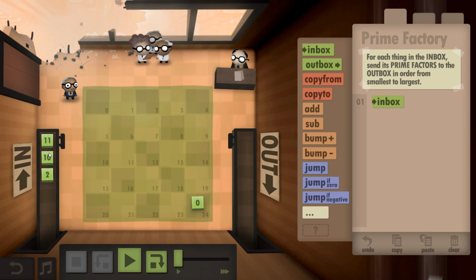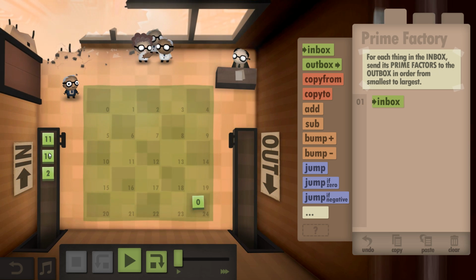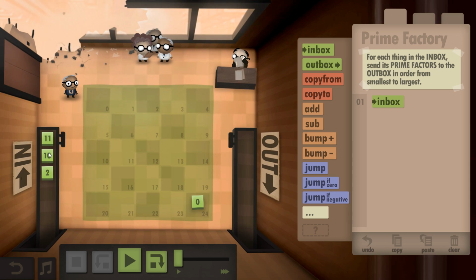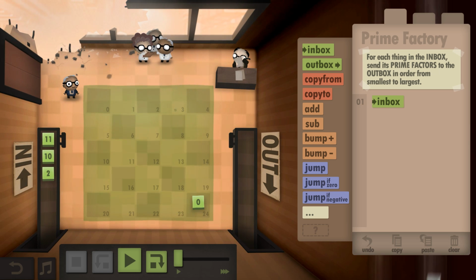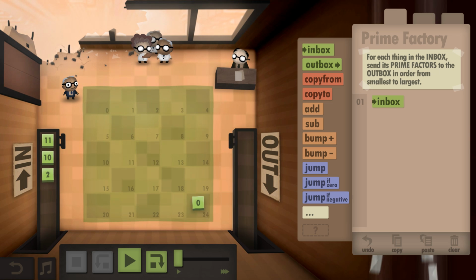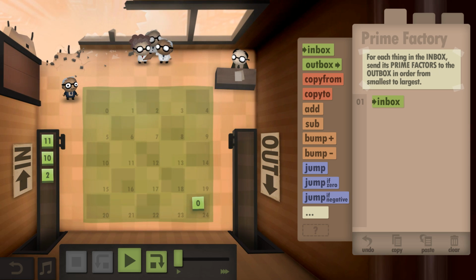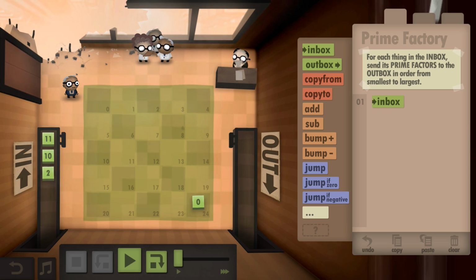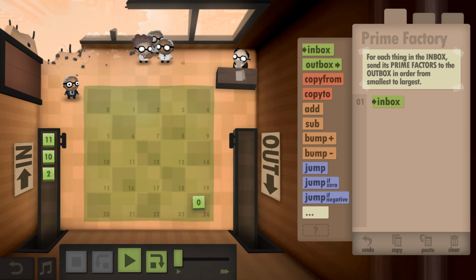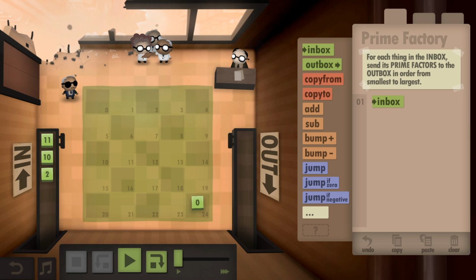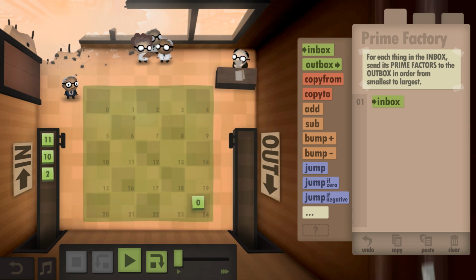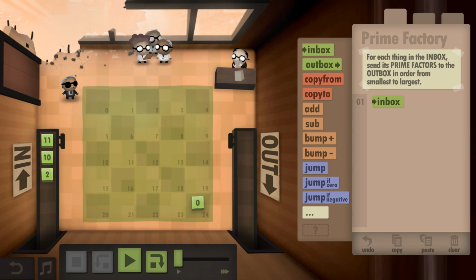That's going to be tough. 2 is already the lowest. If it's 2 I don't have to go lower, but how do I establish that something is 2? I only have a 0 here, I don't have any other numbers. I wish I had more numbers here to try stuff with.